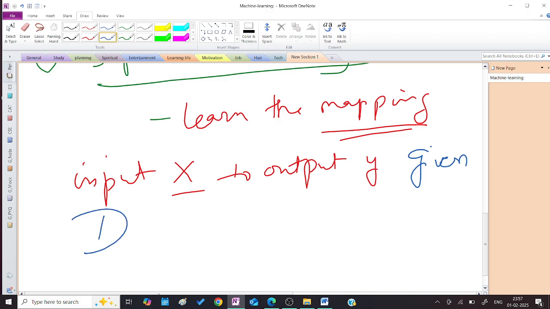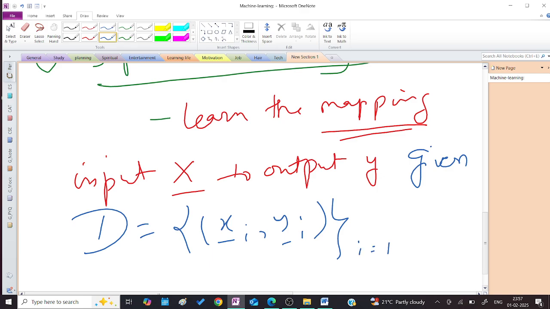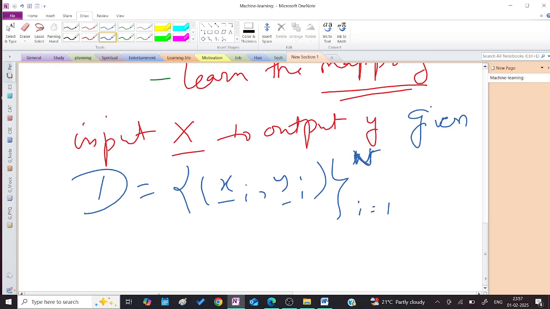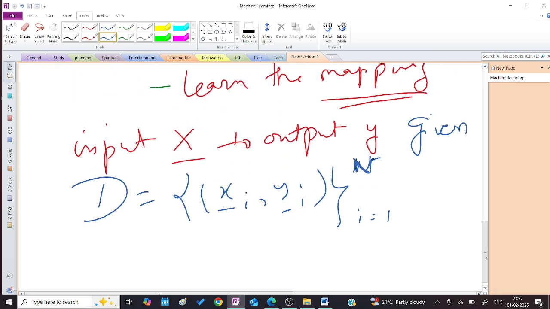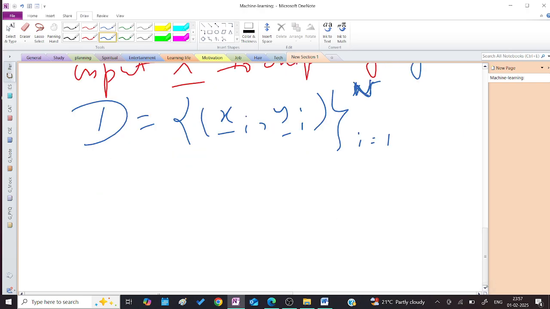D is the data set. The data set consists of vectors of input and their corresponding labels, for i equals 1 to N. So the total number of inputs in the data set with labels is capital N.